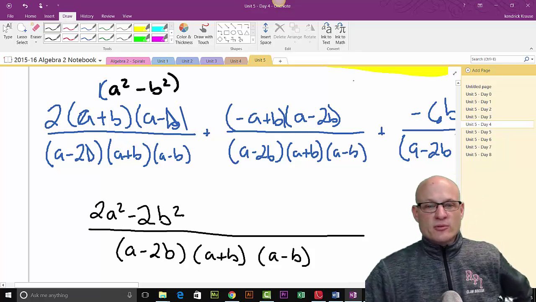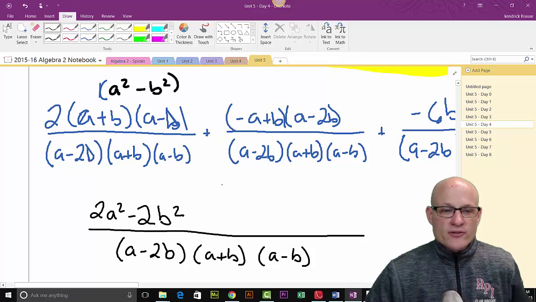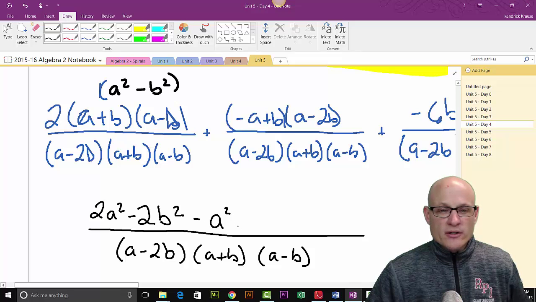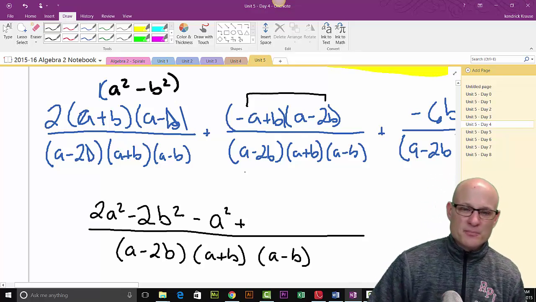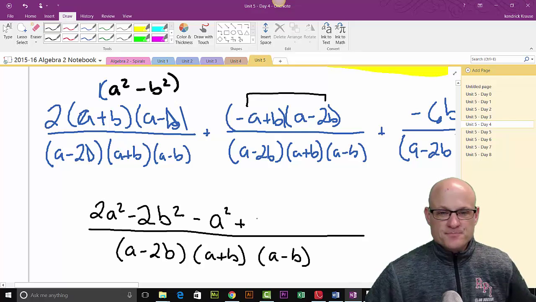This one I got to double distribute here. So this is going to give me minus a squared plus 2ab. And this one gives me plus ab.